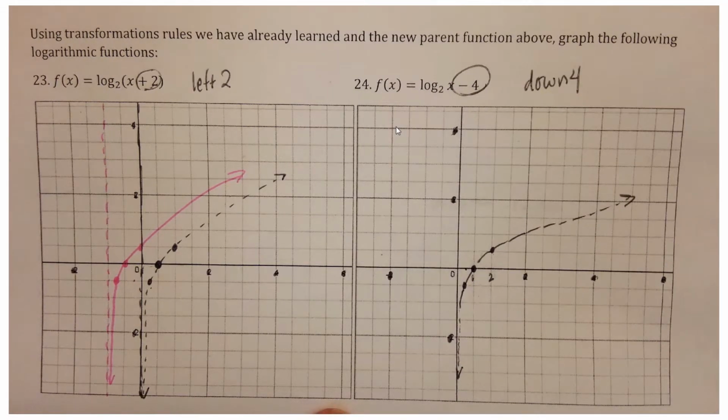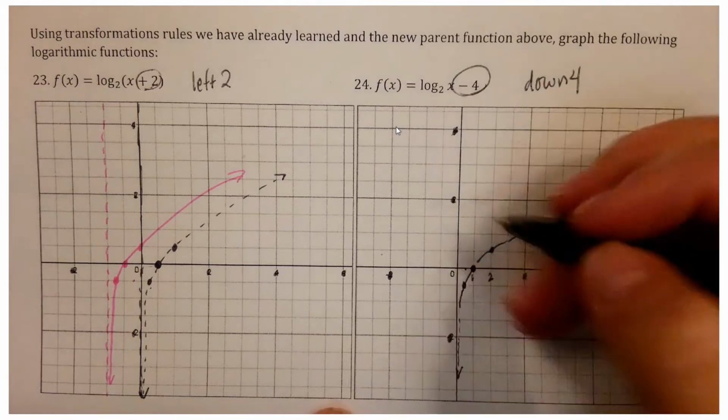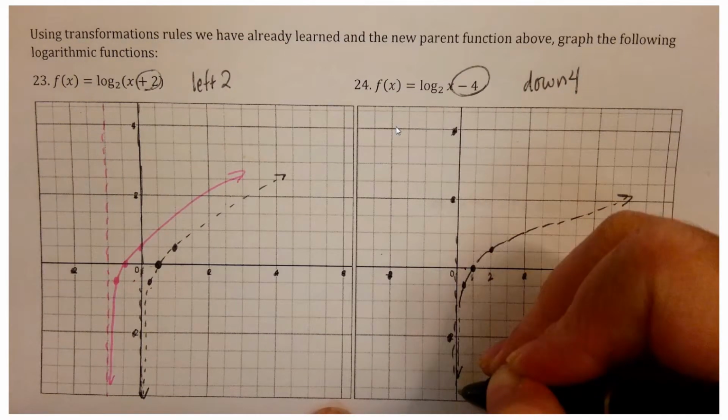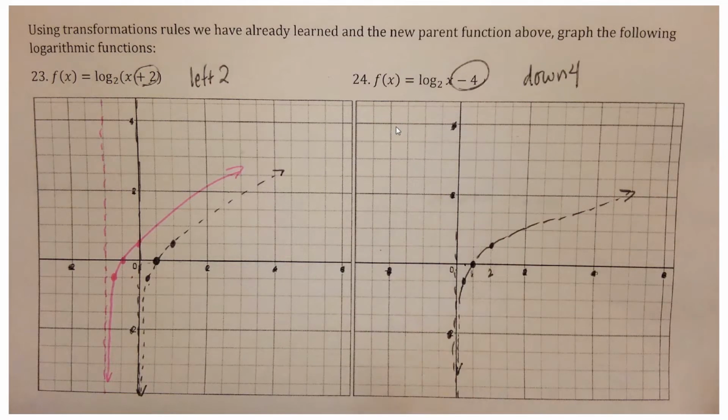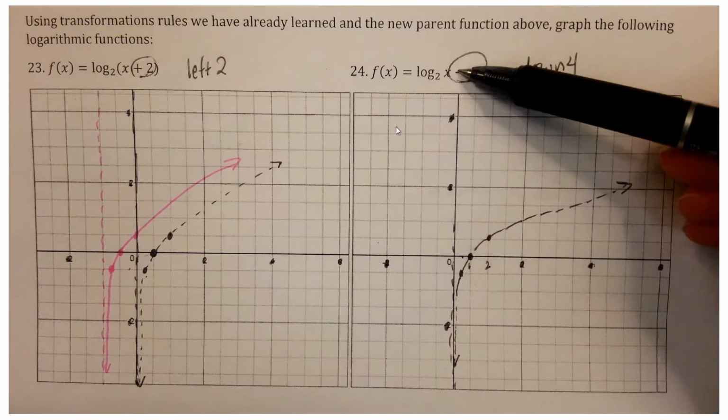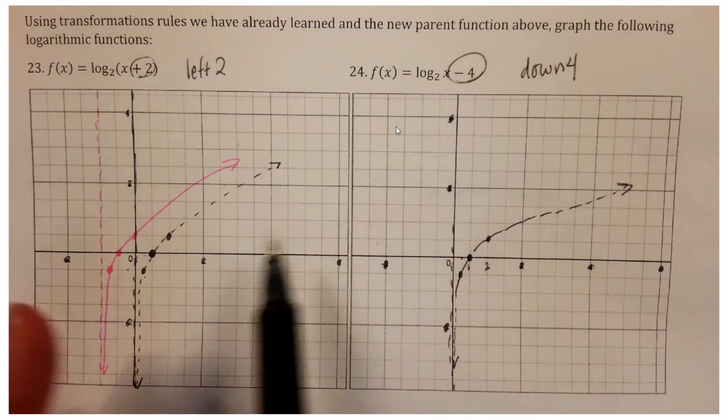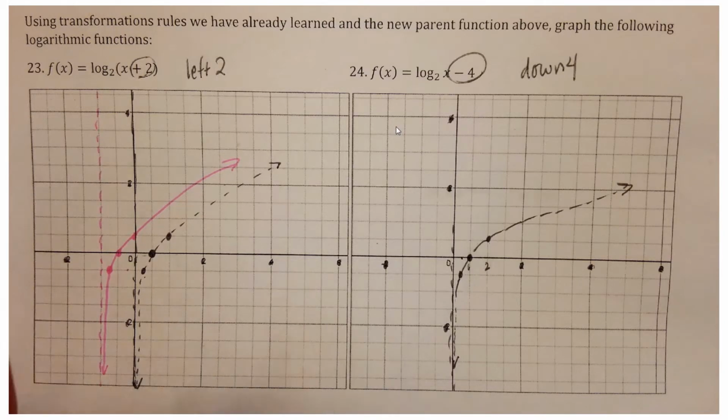The point I want to make with this one is that this line it gets really, really close to, if I'm just moving this down, that line never moves. So moving this function up and down is not going to change where this line goes. Moving this function left and right requires you to move that asymptote with it.